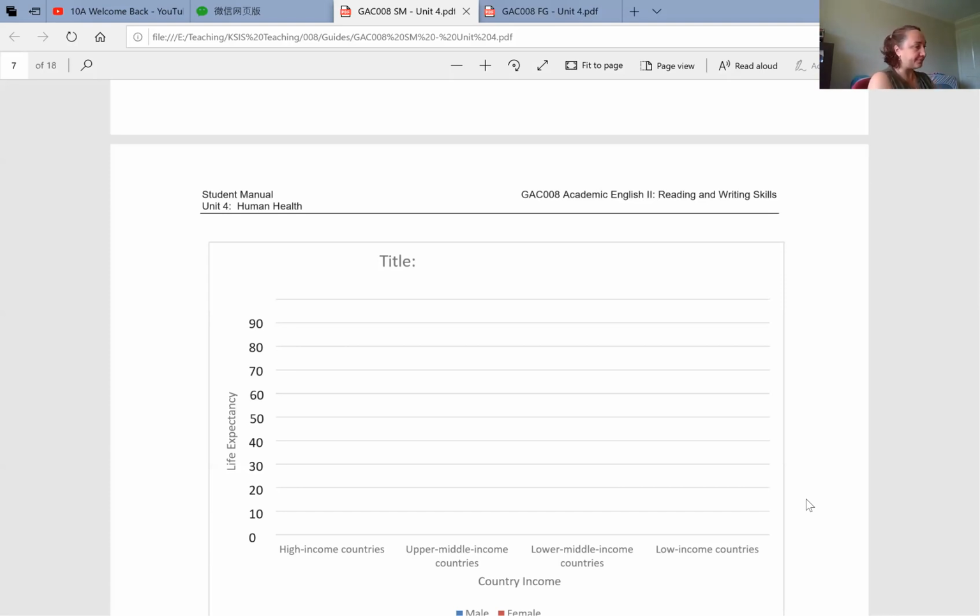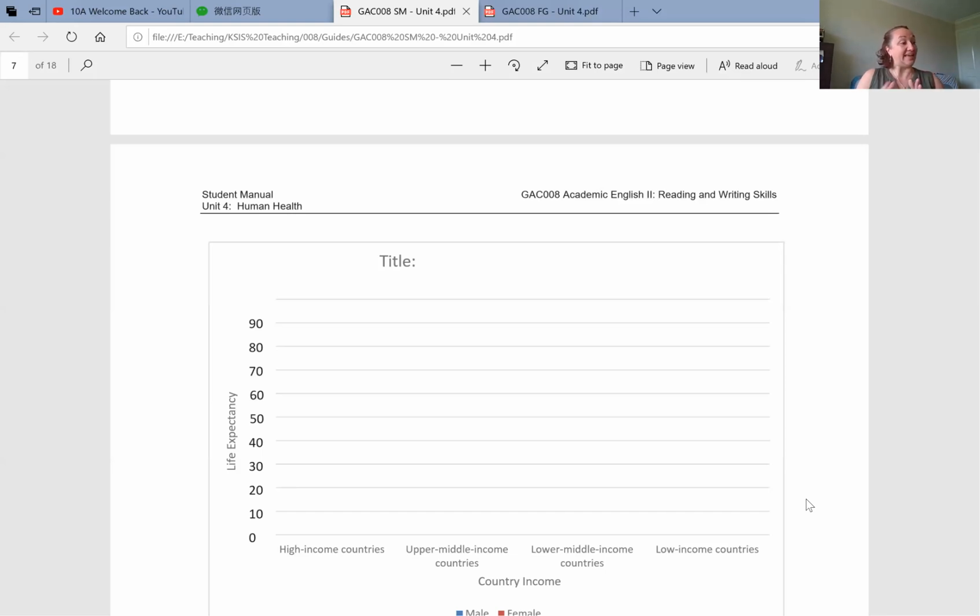Okay, here we go. This graph shows the life expectancy at birth in 2012 for men and women according to the income group of the country. The overall trend is a decrease in life expectancy according to income groups, with females expected to live slightly longer than males.